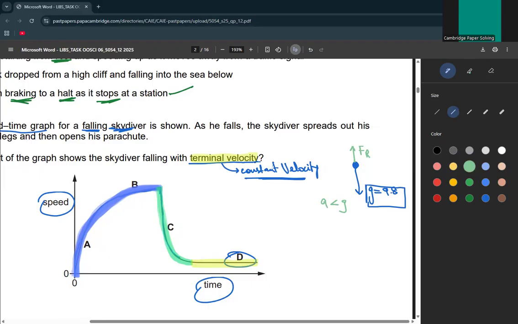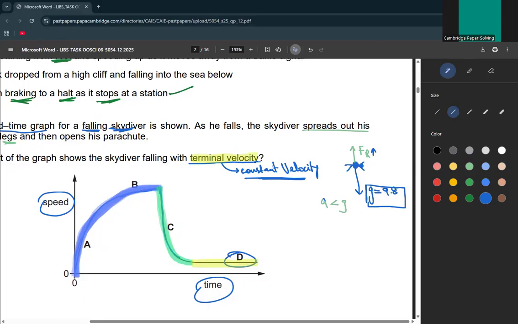And here the skydiver spreads out his arms and legs. What happens? The surface area of the skydiver increases, due to which the resistive forces acting on the skydiver will increase.